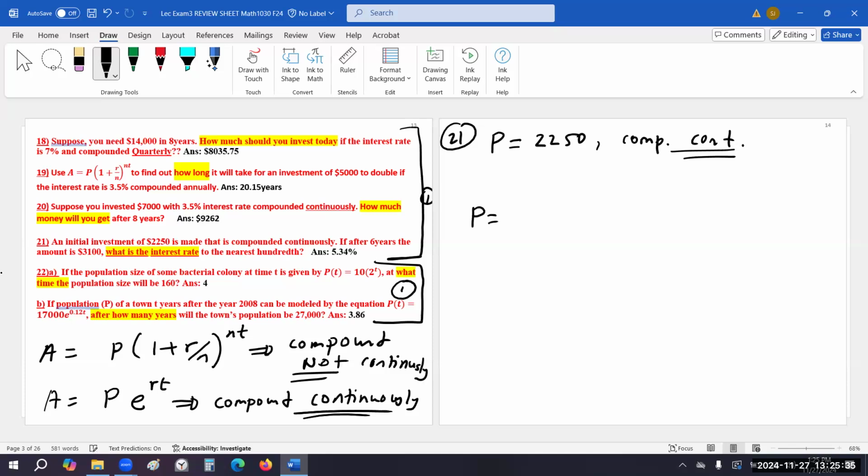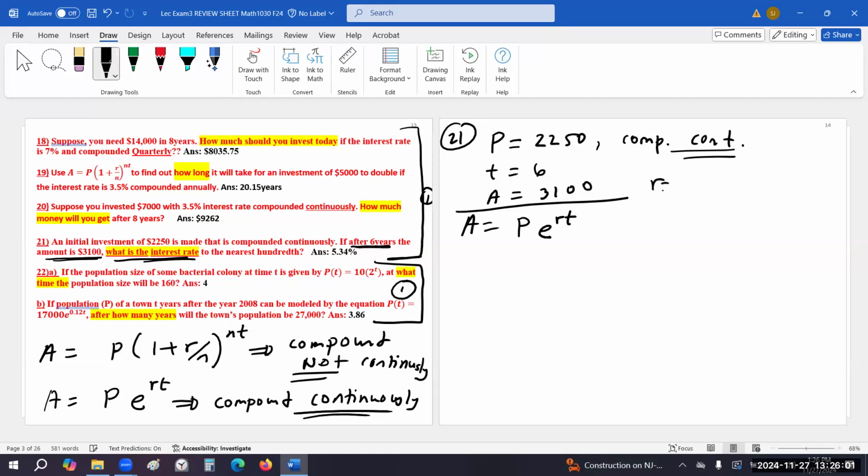A equals P e to the rt. And then it says after 6 years, so our time is 6, the amount becomes 3100. That's the final amount, A. What is the interest rate?